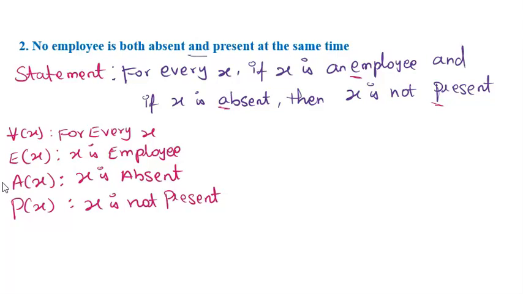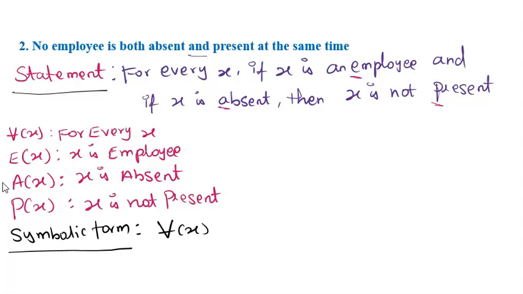Now convert to the symbolic form. First take the universal quantifier, open bracket. If x is an employee, E of x, implication.